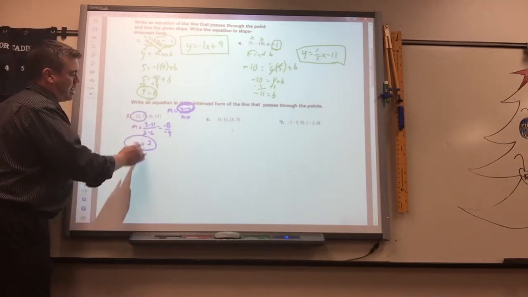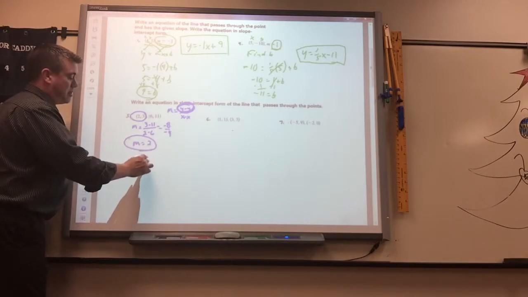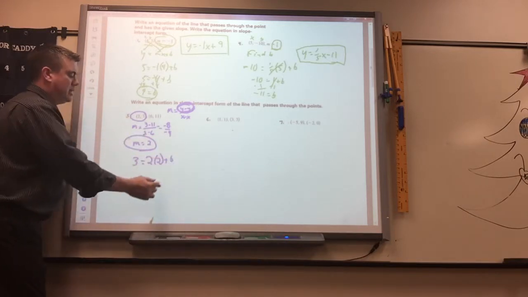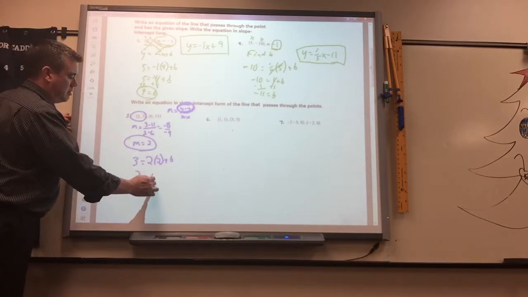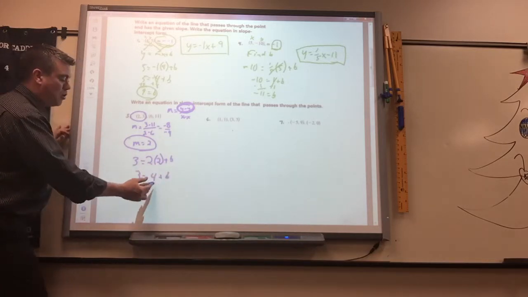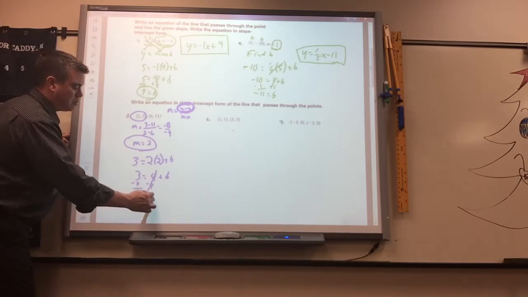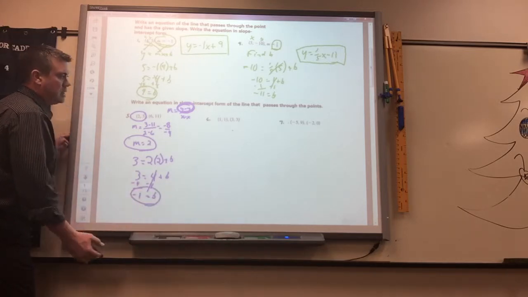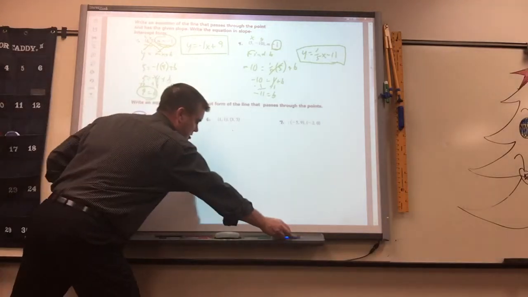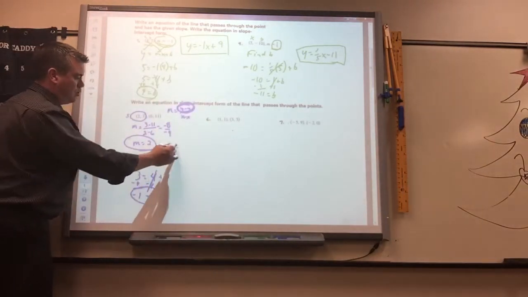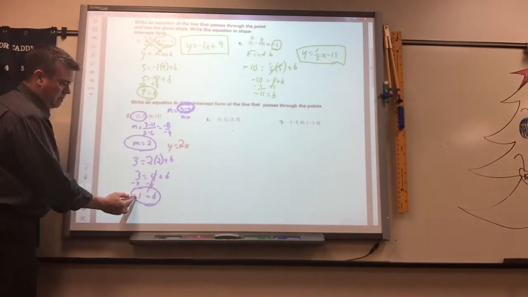Put this in for y, this in for m, this in for x, plus b, and then you solve it. 2 times 2 is 4, so to get rid of it, you subtract 4, and you get negative 1 equals b. So the answer is y equals 2x minus 1.